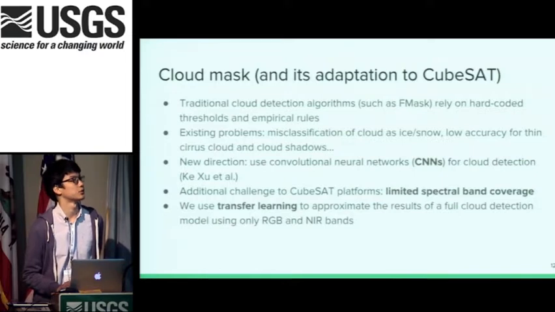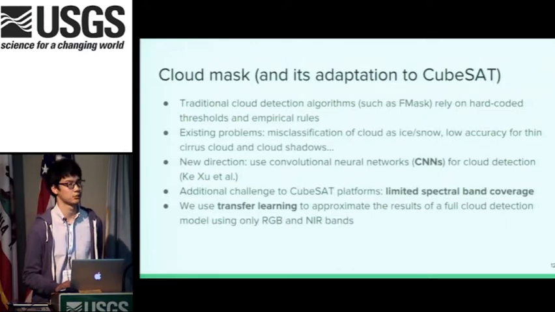And what we are doing here is that, as opposed to traditional cloud masks that are used for sensors like Landsat, such as FMask, which rely on hard-coded thresholds and empirical rules, that is basically a human-designed decision tree.